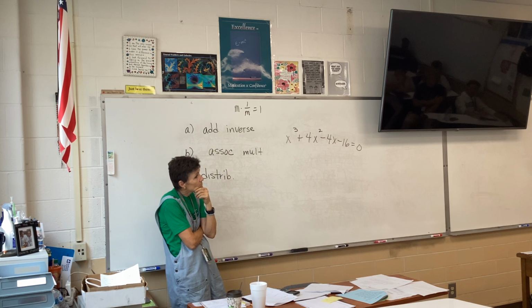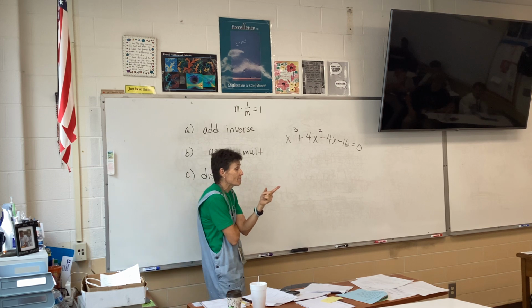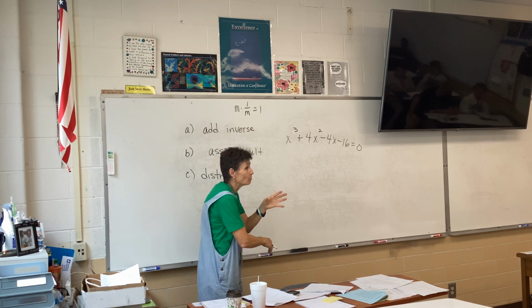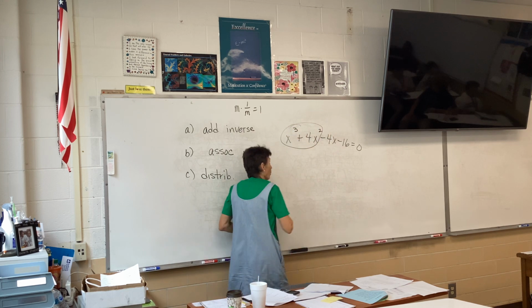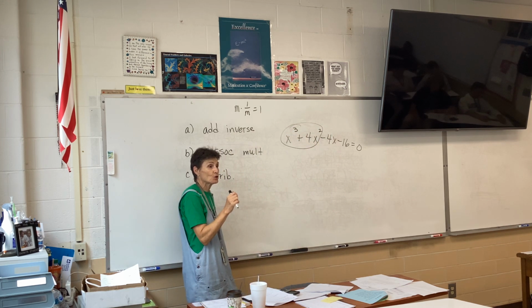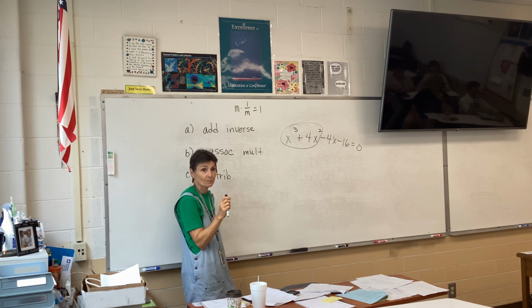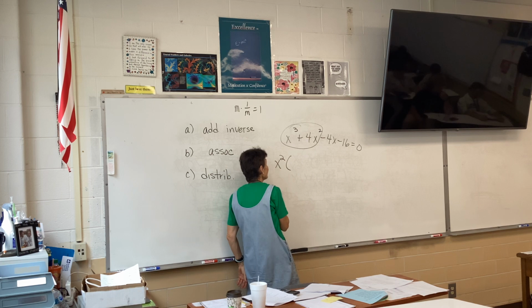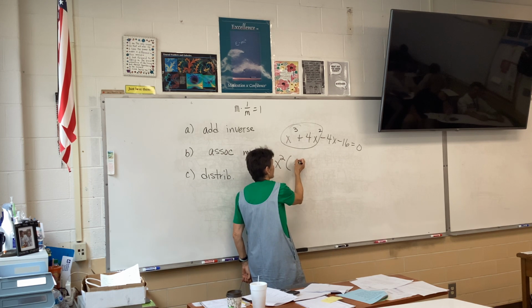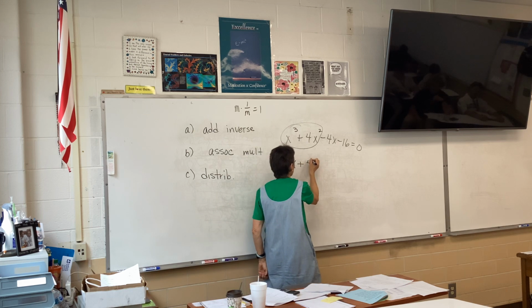You just group them into 2 different. So we call it factoring by grouping. So Grant says, let's look at these 2 right here. What can we take out of just those two? X squared. What do we have left if we take out an x squared? X plus 4.